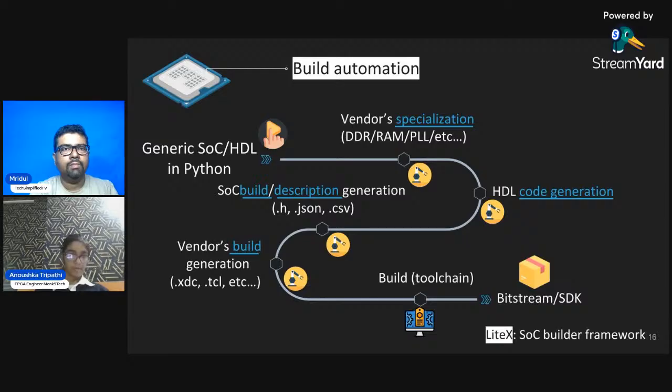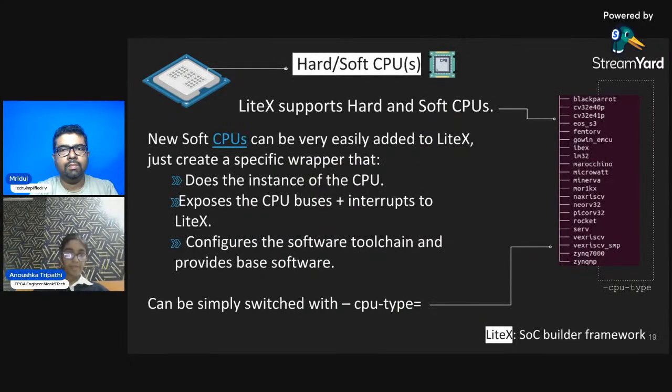So .csv helps us with the register map, and .h are our software files, and then we have the vendors. It also generates files like .xdc, .tcl, etc. And then we get the complete bitstream, which we deploy on the FPGA.